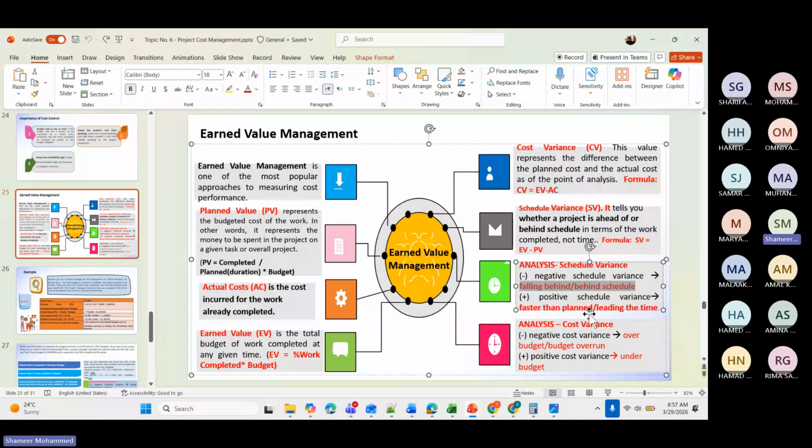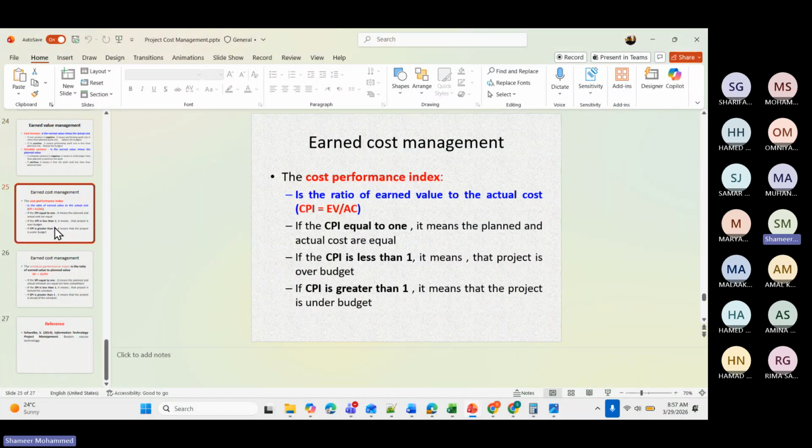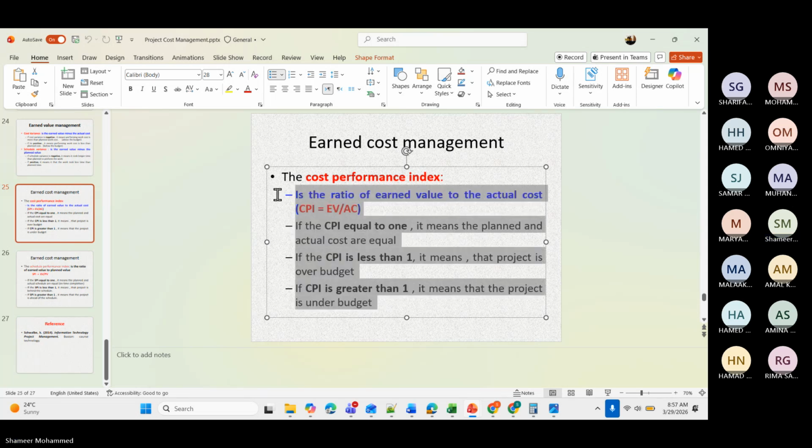For that, the formula is not there here. I will give you this formula. CPI value, if it is equal to 1, that means the planned and actual costs are equal. If the value is less than 1, the project is over budget.